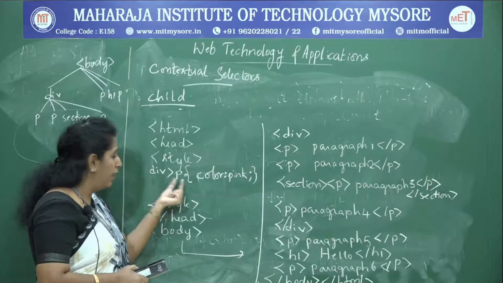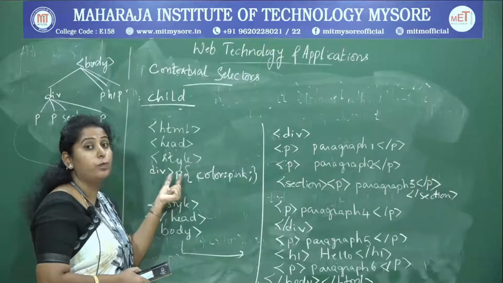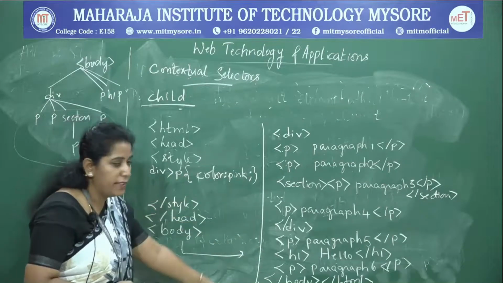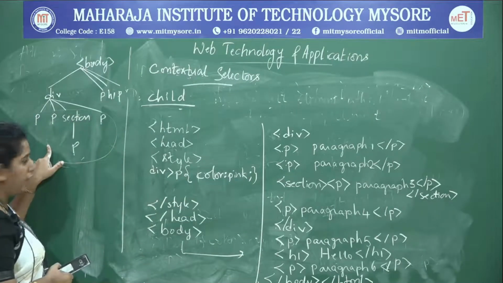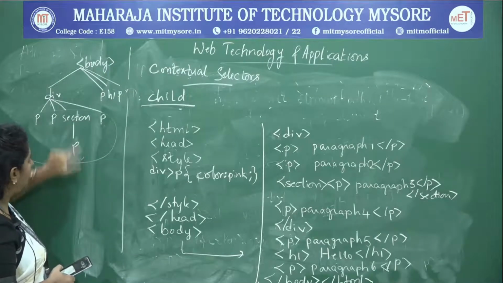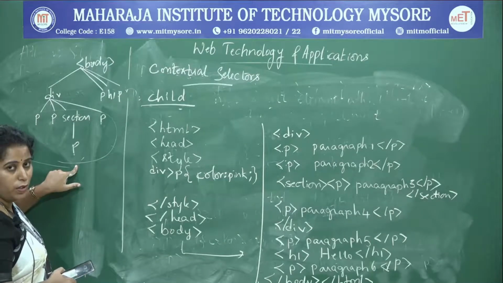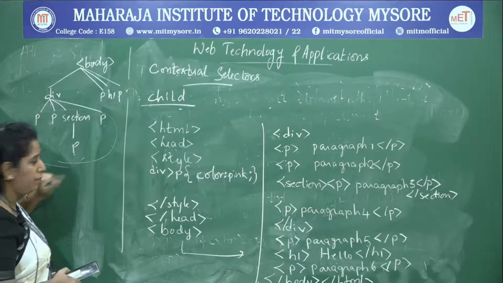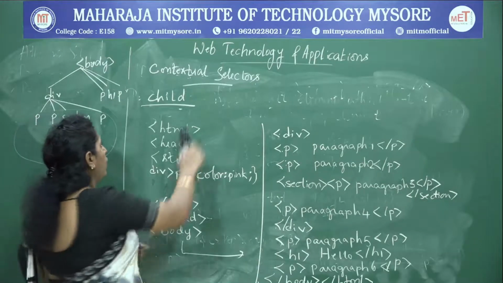Div becomes the parent and P should be a first child. For this example, I have written a documentary. These are all first children. Section P will become a second child now. Okay? Yes.